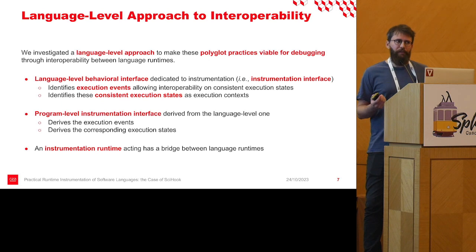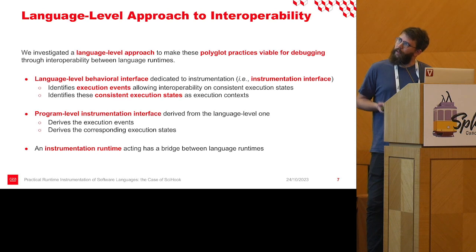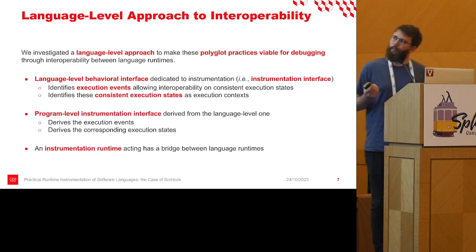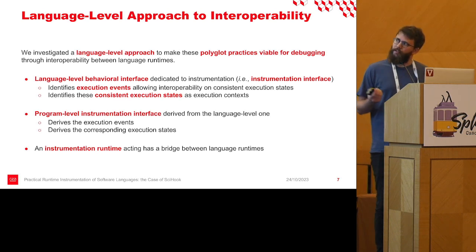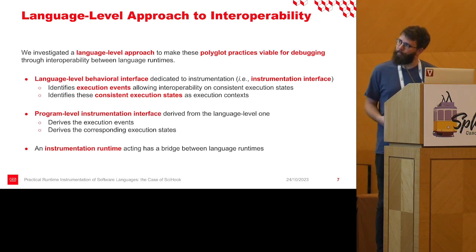And with this behavioral interface, this instrumentation interface, we identify all the execution events in a language, so all the language constructs that give rise to execution events that allow interoperability with another language on consistent execution states, so states where the state of the memory is legal to access, basically. And this interface also identifies these consistent execution states, so we can expose them to the other language.